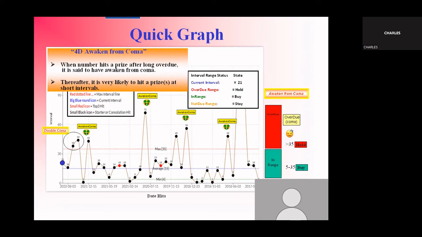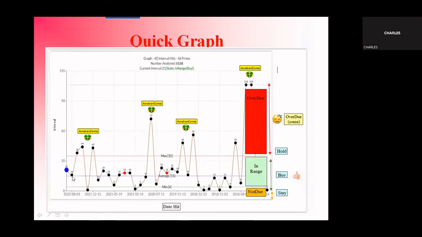Unfortunately, it went to a second coma at interval 36. But if you follow this number after that, you will get a hit, I told you just now, right, at interval 16. So let me get my cursor back. At interval 16.